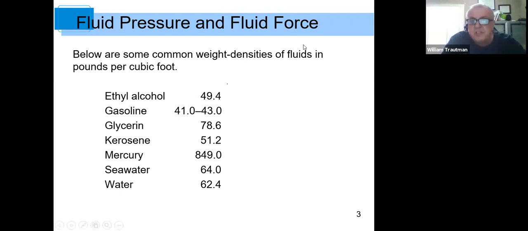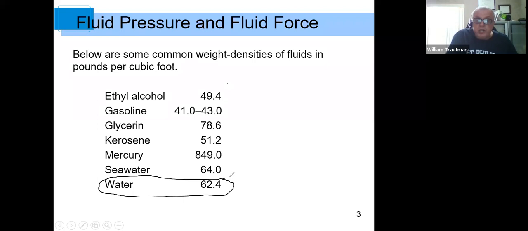Here are some of the weight densities for fluids. The main one you need to write down, I think this is on the test, but they might not give it. Water is 62.4 pounds per cubic foot. So that's just regular water.